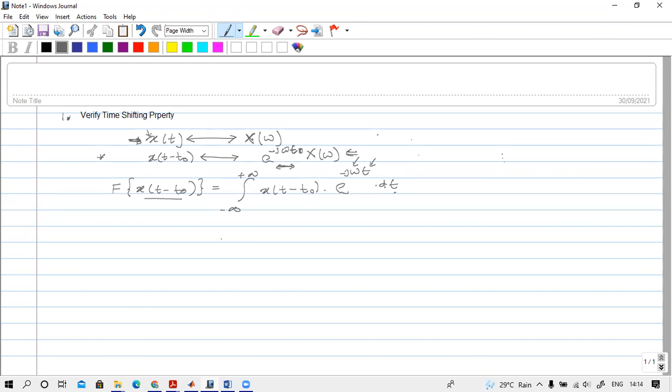So we can proceed. I will make a substitution: t minus t naught, I will call it tau. So tau is equal to t minus t naught. This is the substitution.